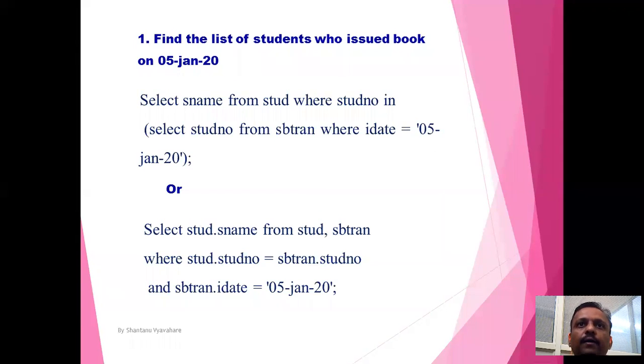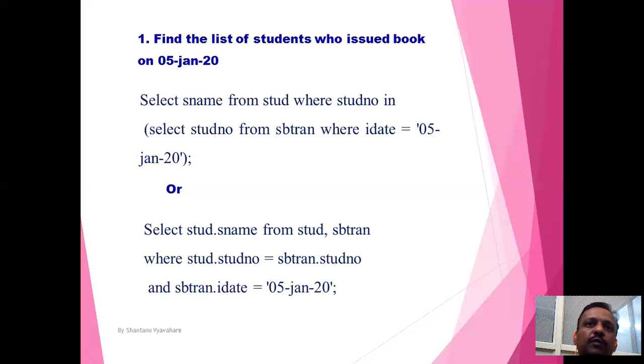What we have to do? We have to find the students who issued a book on 5th January. You know that the issue date is in the SBTran table. So from that, matching the issue date with 5th Jan 20, what we have to find? Student numbers from the SBTran.